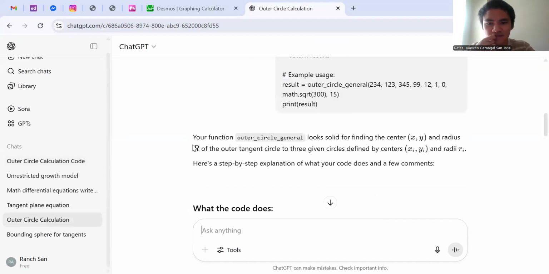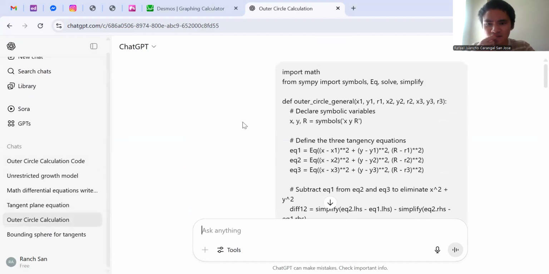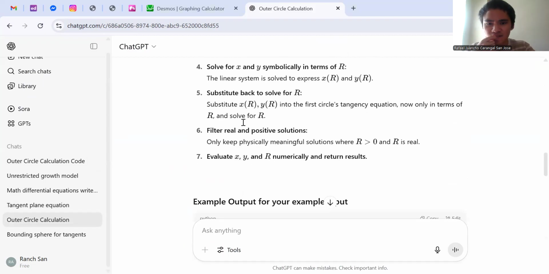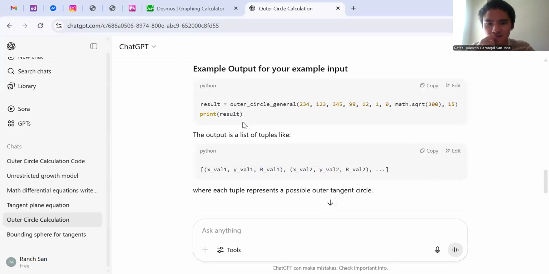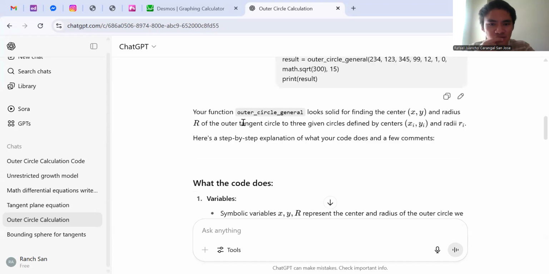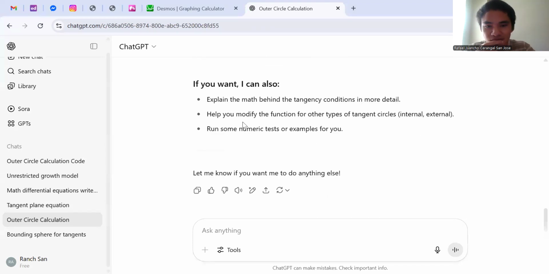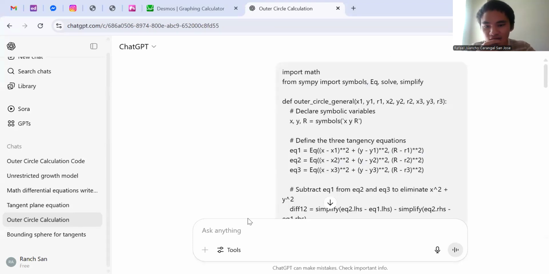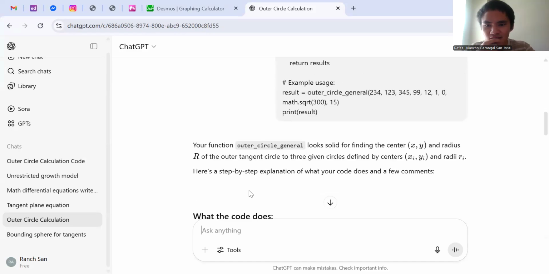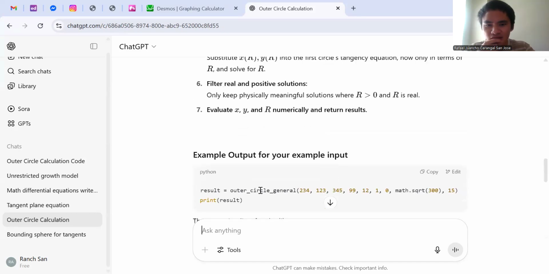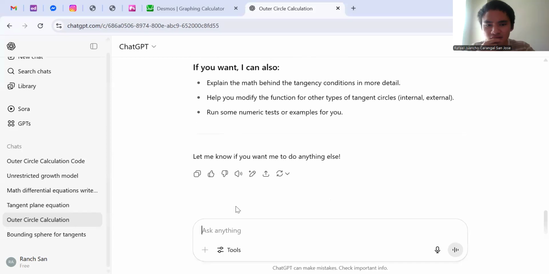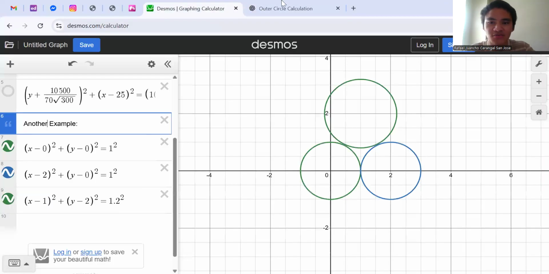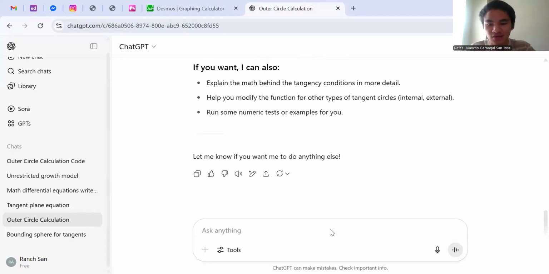I think it was this one. Oh shoot. That's not good. Okay, fine, I'm gonna do it myself.